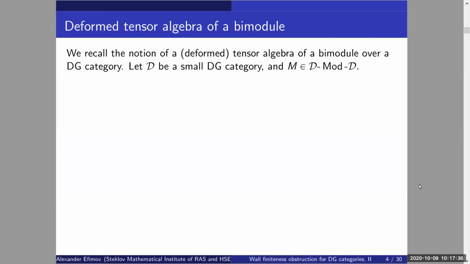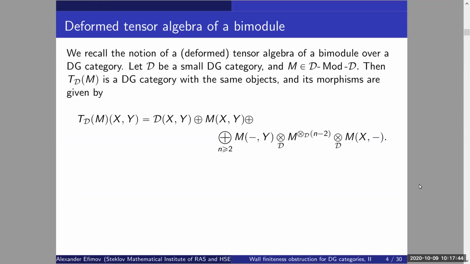Just take any small DG category D, you can safely assume that it has finitely many objects. And take some bimodule M. Then the tensor algebra is just a DG category with the same objects, and the morphisms are given by the direct sum of powers of this bimodule. If there is only one object, so if this is just a DG algebra, then this is just the usual tensor algebra of a bimodule, so just the direct sum of tensor products.